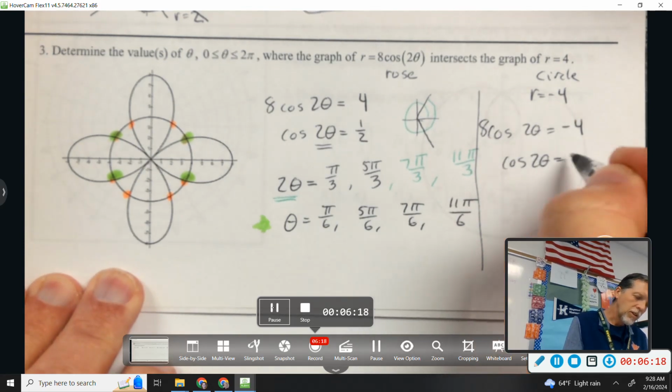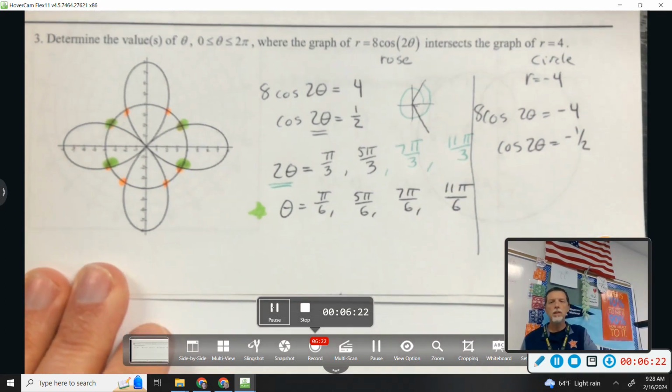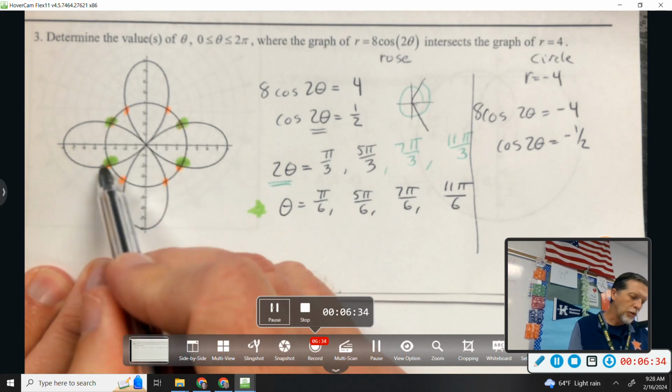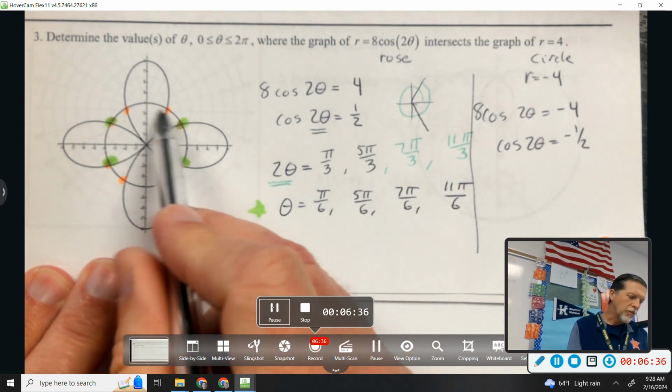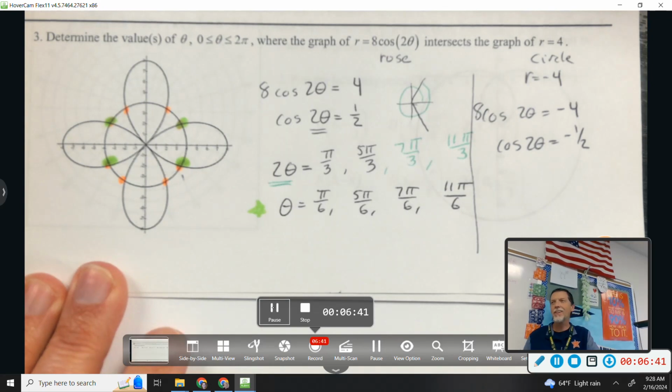So cosine 2 theta equals negative 1/2. And then go through the same process. Although I do wonder if you could get it by symmetry, and we would be okay with that if you could look at your picture and be like, all right, I got those 4. The other 4, what would you say the other 4 are? What does it look like they are?